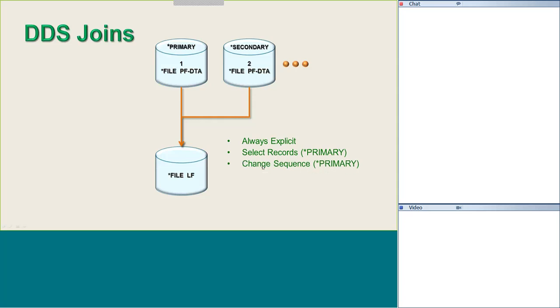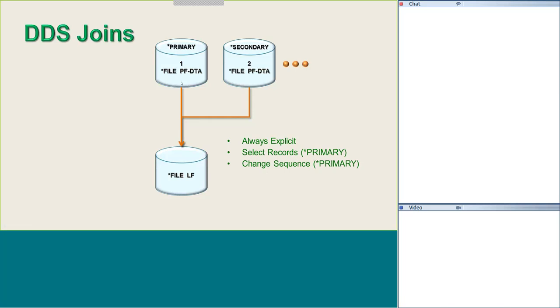Change the sequence, i.e. you can reorder the records in the logical file, but only using fields from the primary. Again, only from the primary. But in this particular case, the DDL view doesn't have a sequence.